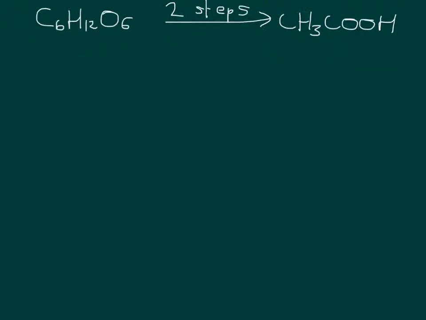Right, so this one's a little bit trickier perhaps. You're starting with this guy here, C6H12O6, and I need to make ethanoic acid. So how can I do that? Well, give it a go. As I said, you've got to use it in 2 steps. Right, so this is how you would do it. This guy, of course, you know is glucose. So to be able to give that, if you use yeast, and it's going to be in aqueous solution, so you need to add in some water as well, and it's got to be around 38 degrees C, just to get it to work.